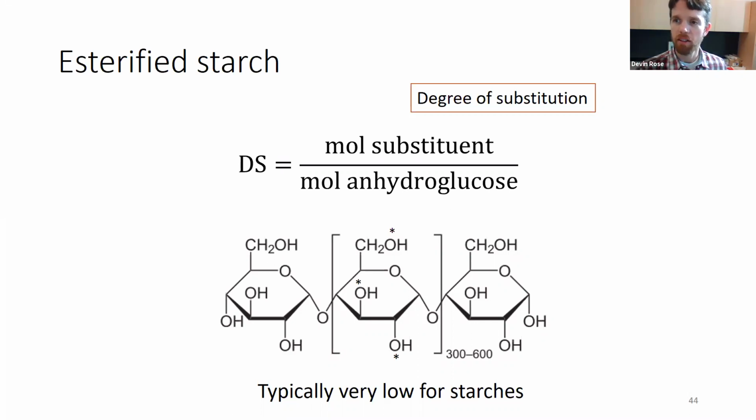And most acetylated starches that you'll buy don't actually go to the maximum. They're somewhat less than that. So for acetylated starch, we have something less than about 1 in every 11 glucose units having an acetyl group on them. So most of the glucose units are still just normal.